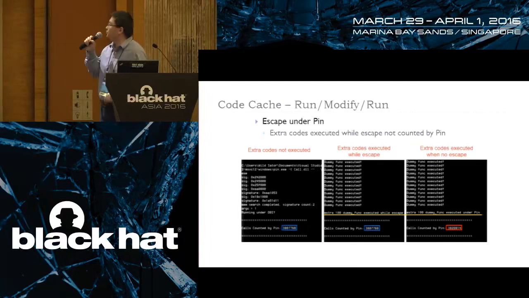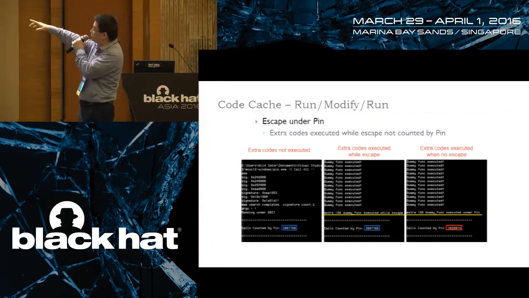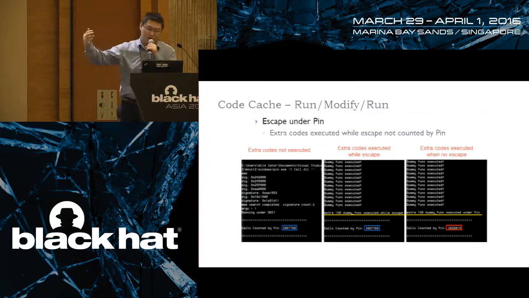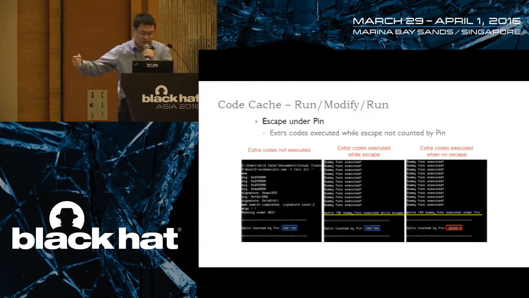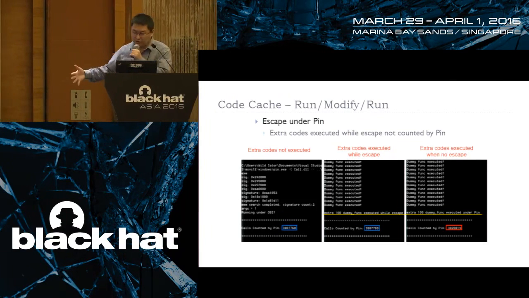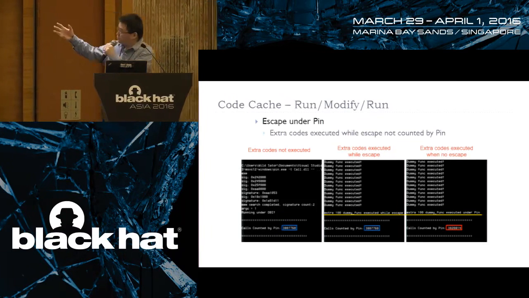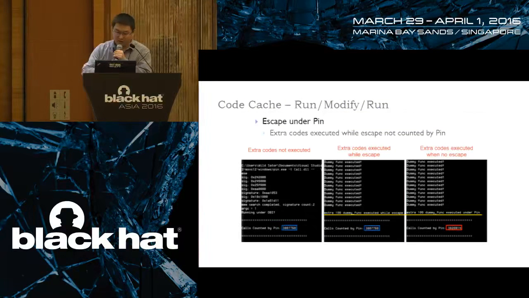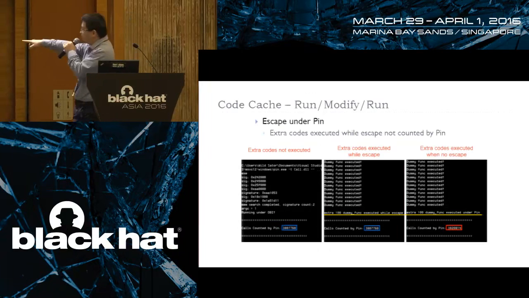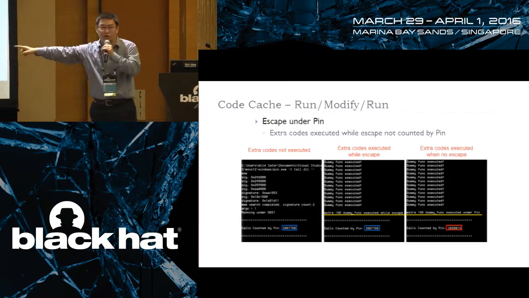So we show the basic result here. The first one: we run the code, then we use the DBI instrumentation to catch the call instruction counter, right? Then we run the DBI without the escape, but we run additional code, like on the right side. Now you can see the value here is much more than the original one.